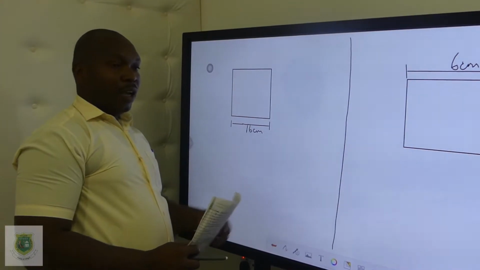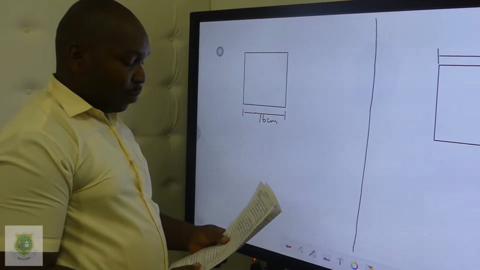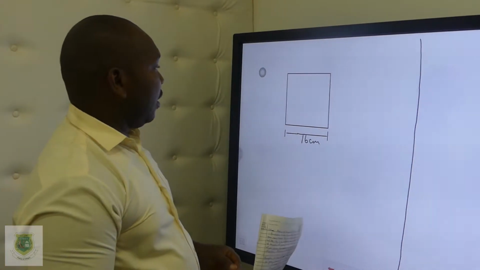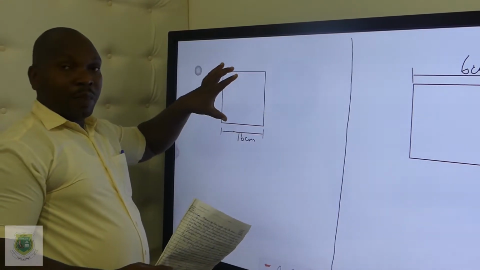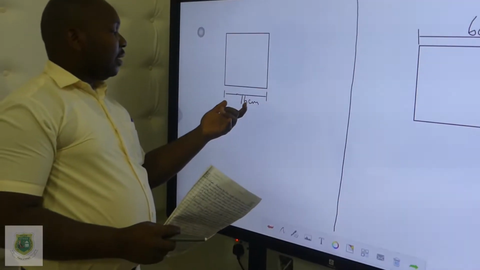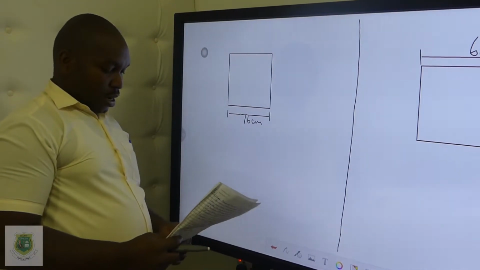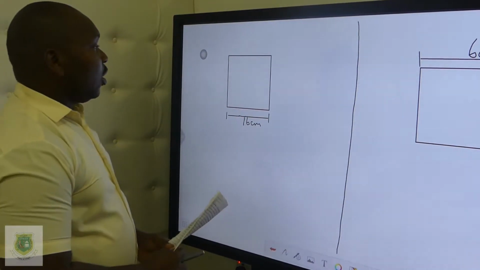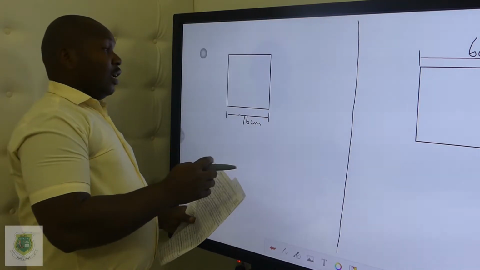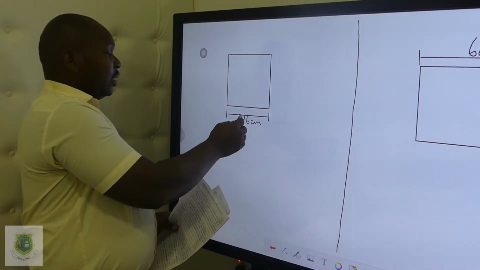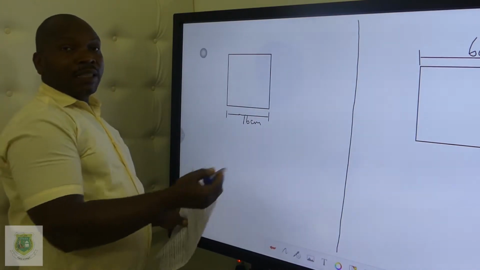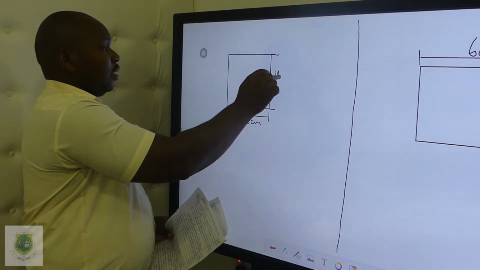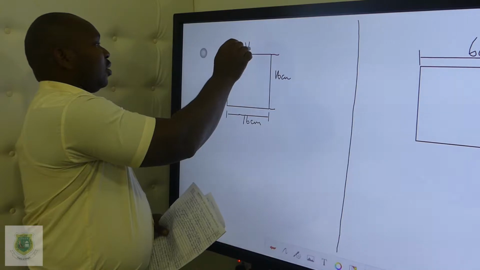What is a square? In our previous lesson, we said that a square is a polygon or a plane shape with 4 equal sides. So if this is a square of side 16 centimeter given on the board, in the examination or in your classwork, when you see 16 on one of the sides, it simply means that every side is equal to what? 16.